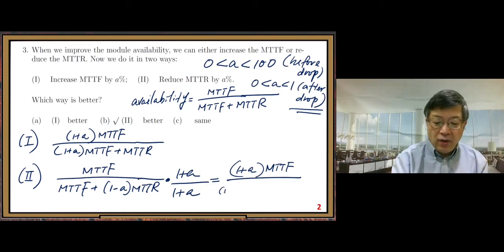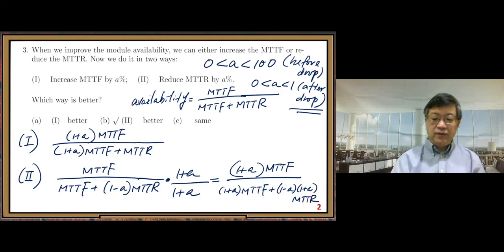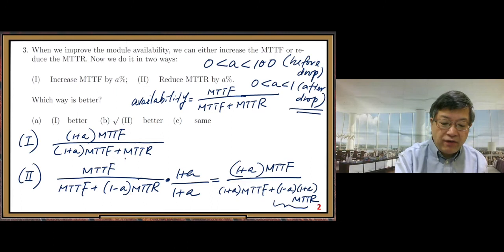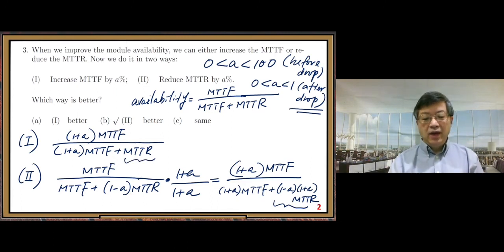The denominator is 1 plus A times MTTF plus 1 minus A times 1 plus A times MTTR. So you can see only the last term in the denominator is different.